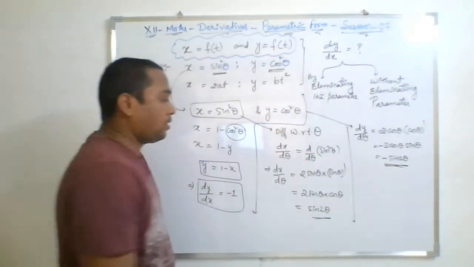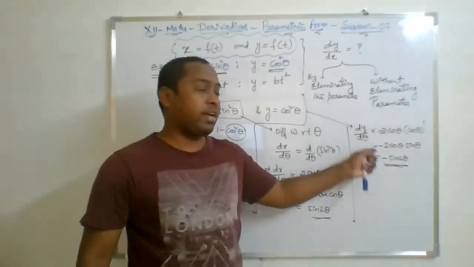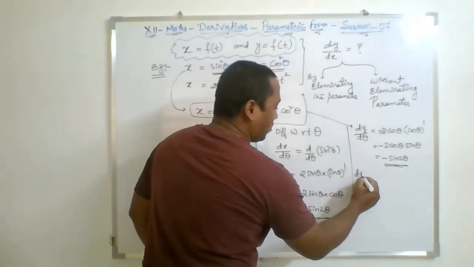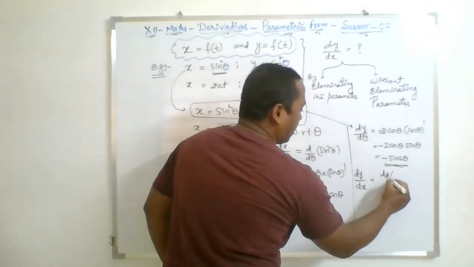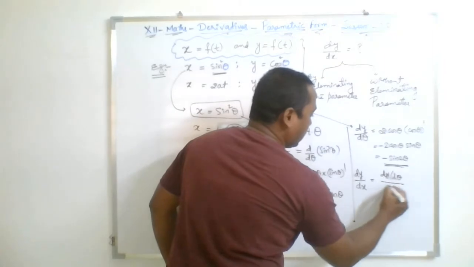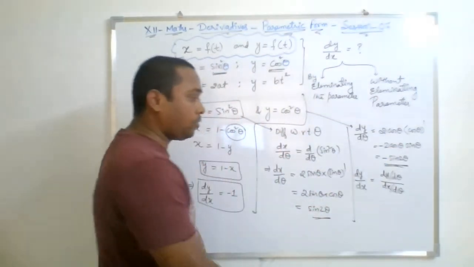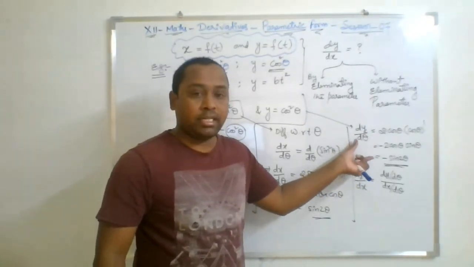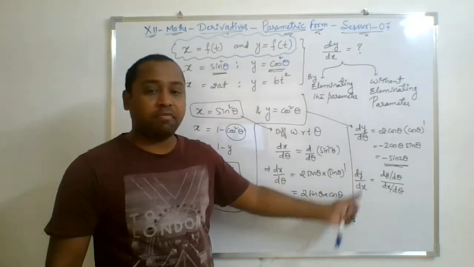So now I separately have dx by d theta and dy by d theta. To get dy by dx, by the chain rule I can write it as dy by d theta divided by dx by d theta. Simply divide the dy by d theta answer by dx by d theta to get dy by dx.